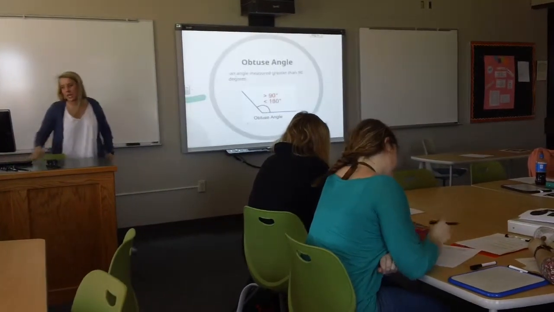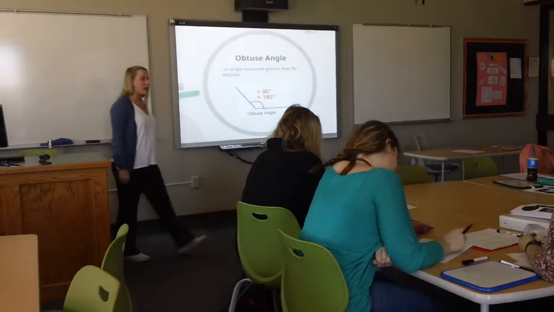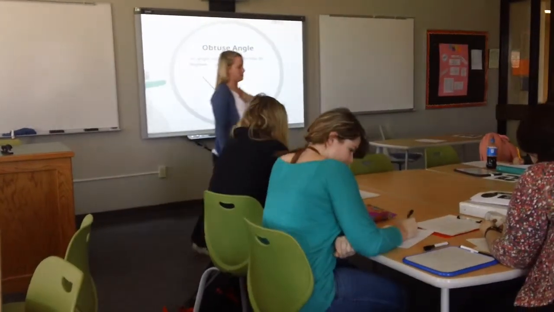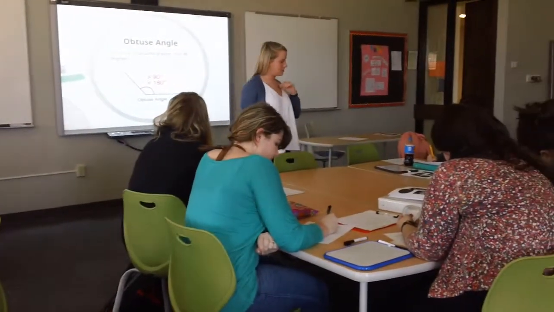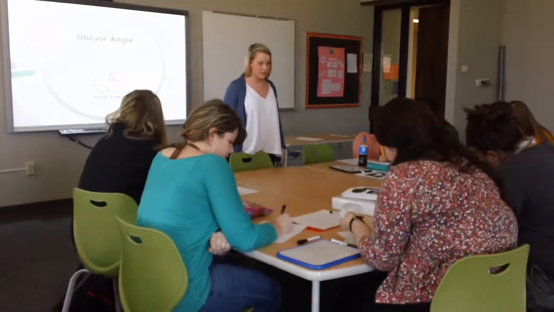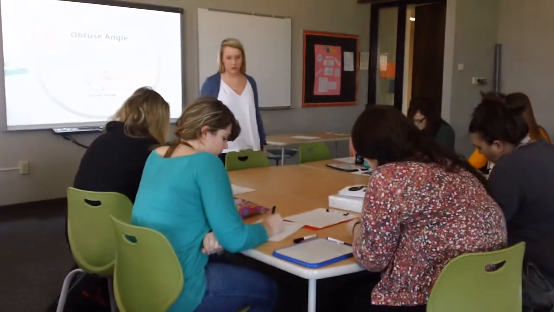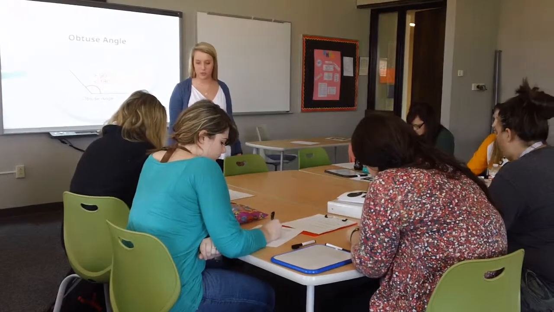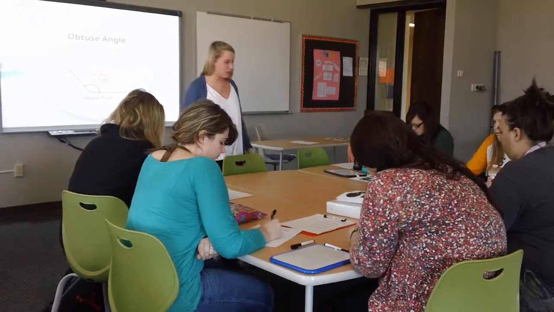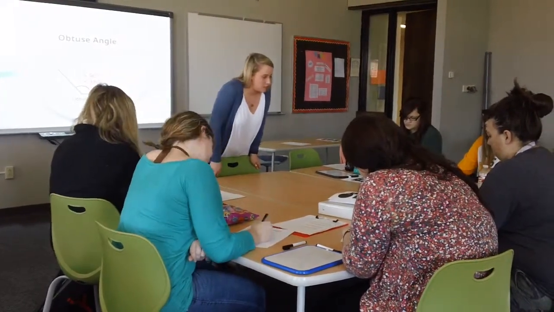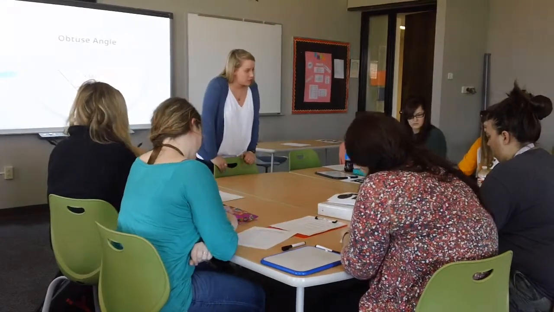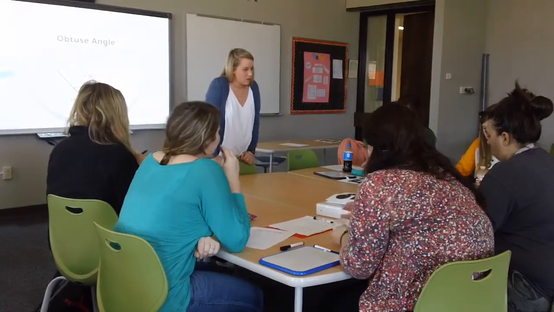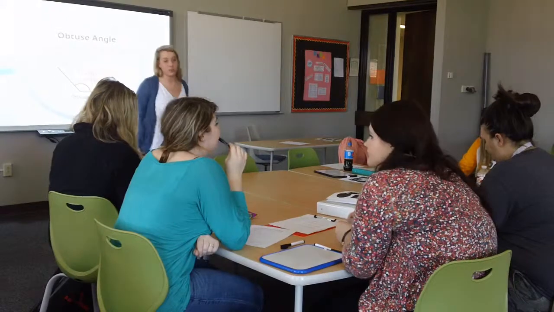An obtuse angle. And an obtuse angle is greater than 90 degrees. Now look on your protractor and show me. Can you all show me the numbers that are greater than 90 degrees? 100. One more. 91.